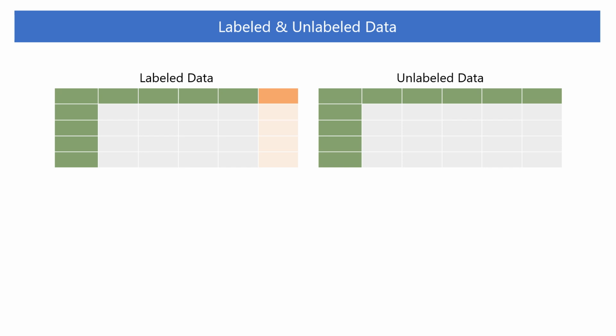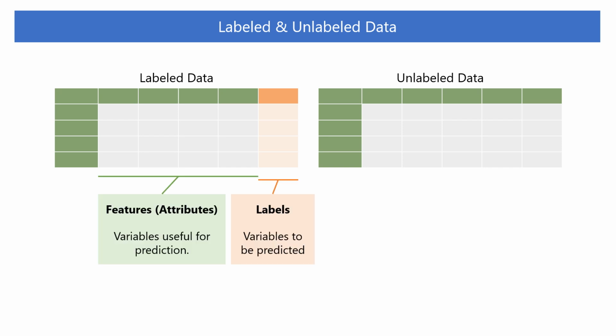Dataset can be classified into labeled and unlabeled data based on whether it contains a label or not. Labeled data is data in which the dataset contains a variable that is the target of the prediction and variables that are useful for the prediction. The variable to be predicted is the label. Variables that are useful for prediction are called features, also called attributes.